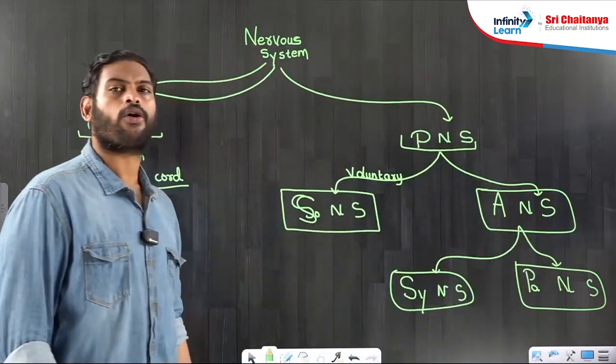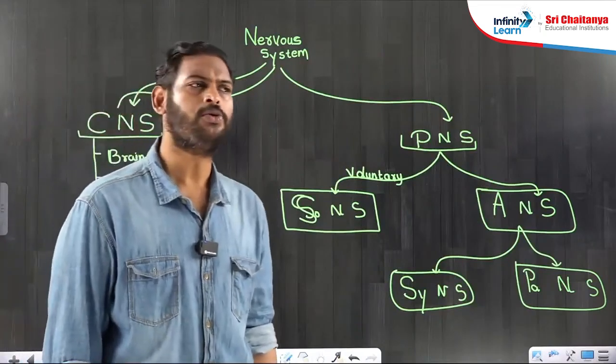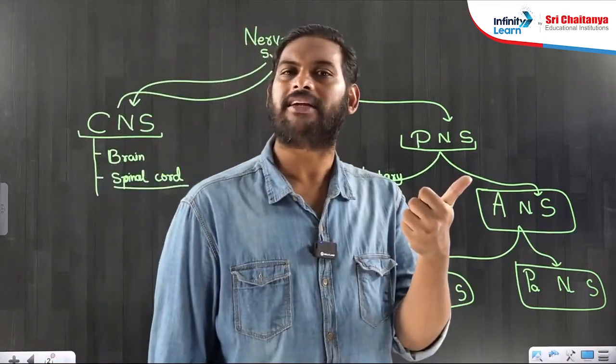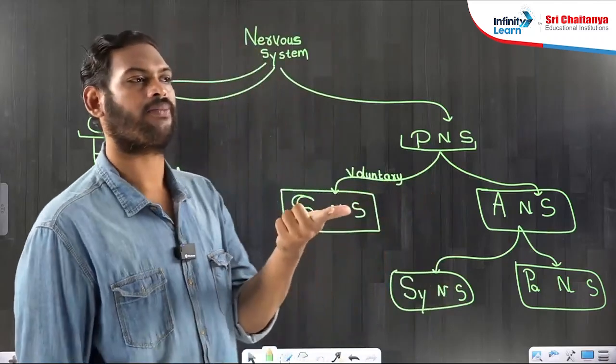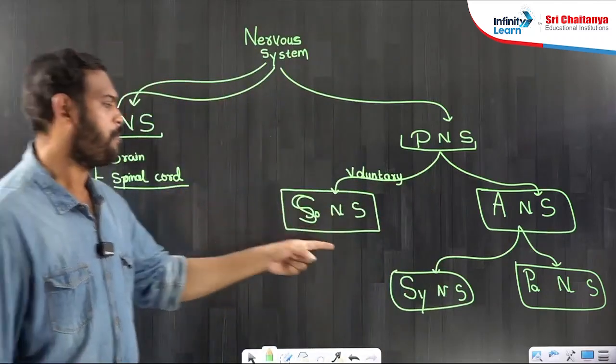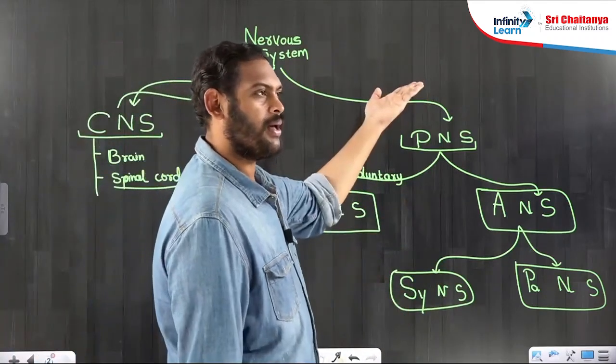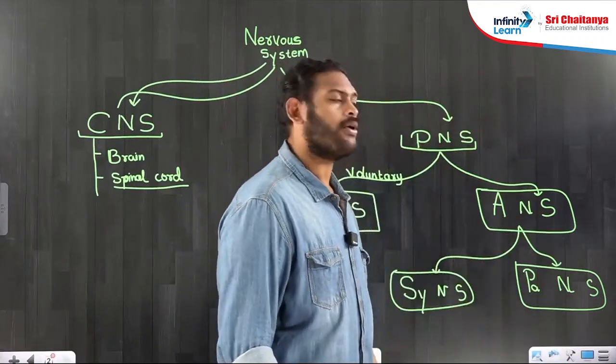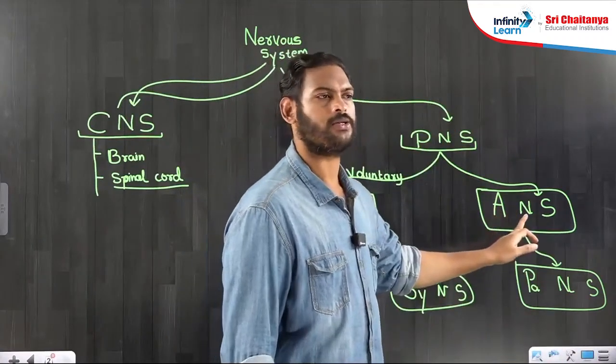Done. So the autonomous nervous system also has two components: sympathetic for excitement, parasympathetic for inhibition. Both are components of the autonomous nervous system.